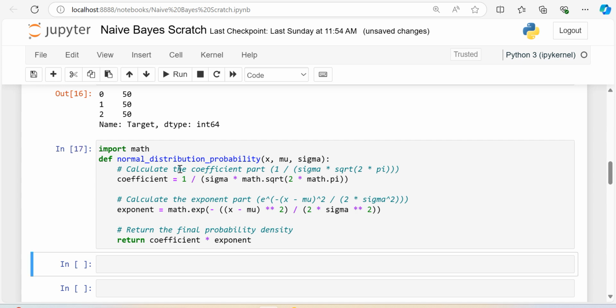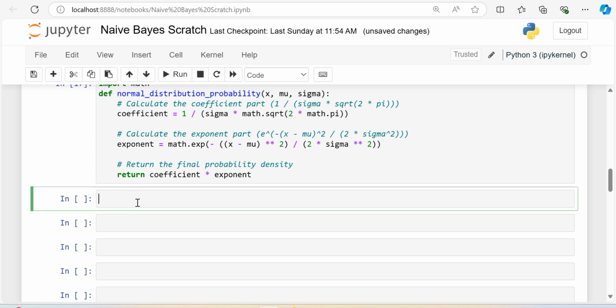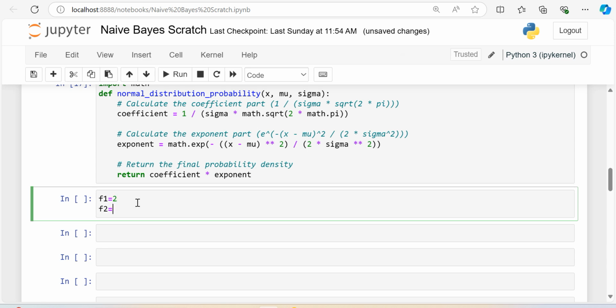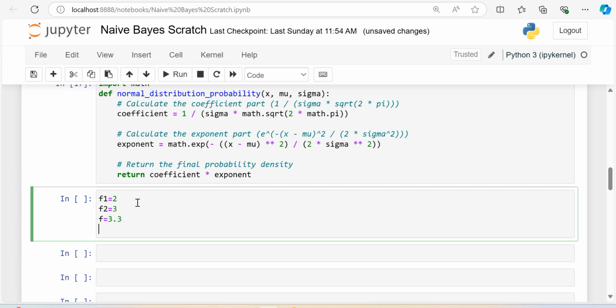Now let's try to do this. Let's take a number. Suppose I'm taking a value, maybe feature 1 is 2, feature 2 is 3, feature 3 is like 3.3, and feature 4 is 2.